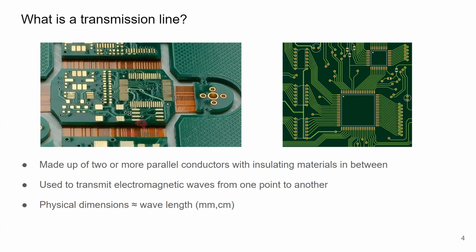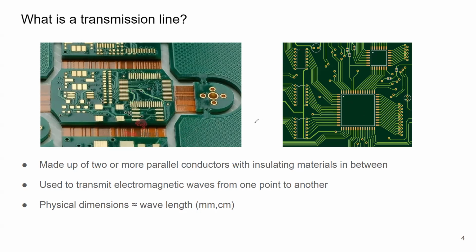If we take, for example, these lines between these components, they are all transmission lines. In order to design these transmission lines, we need to discuss the width and also the dimensions of the transmission lines, such that the transmission of the signals happens accurately between the components.